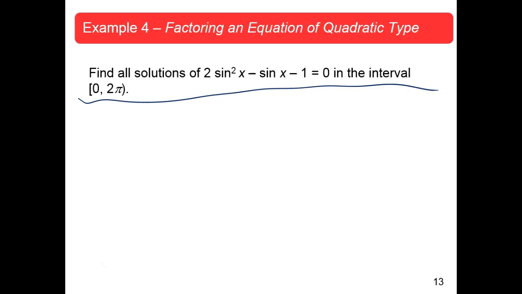Example 5 says this. Solve this: 2 sine squared x plus 3 cosine x minus 3 is equal to 0.